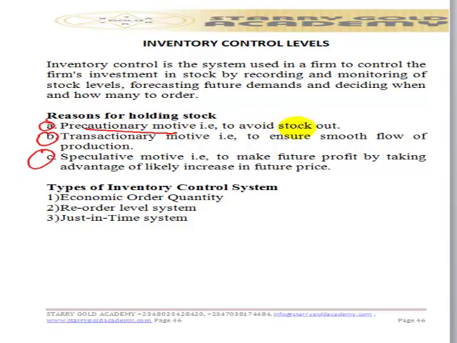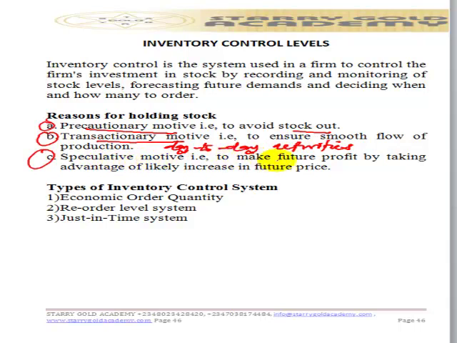Precautionary motive, in this case to avoid stock out, that is running out of stock. Transactionary motive, to ensure there is a smooth flow of production, that materials needed are available as at and when due. So this is for day-to-day activities of production.